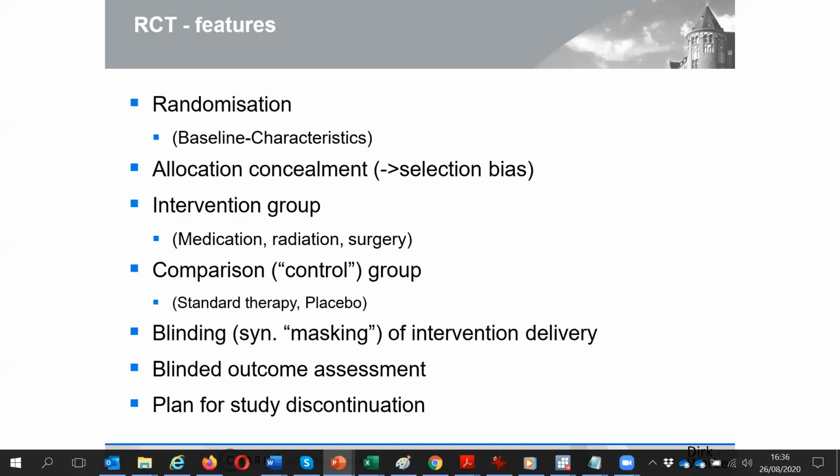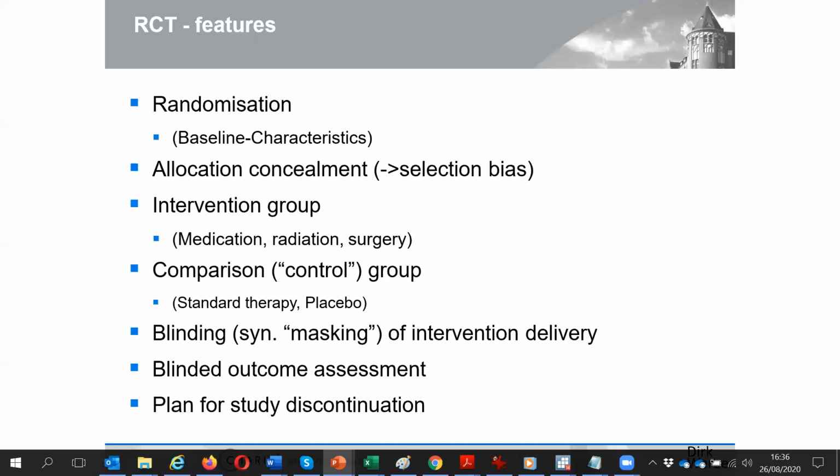By randomizing, we are distributing the baseline characteristics, or the confounders, equally between the intervention group and the control group. Then we have what we call allocation concealment. This helps to reduce selection bias.